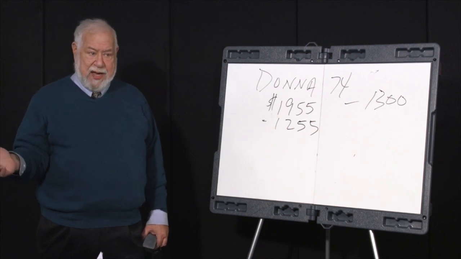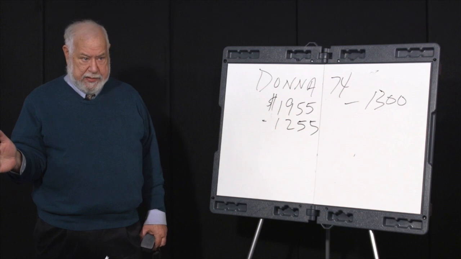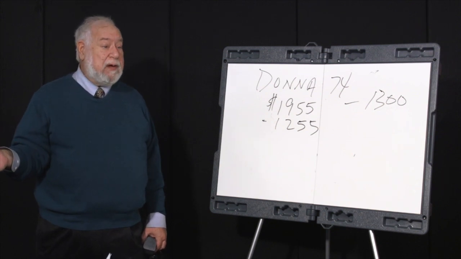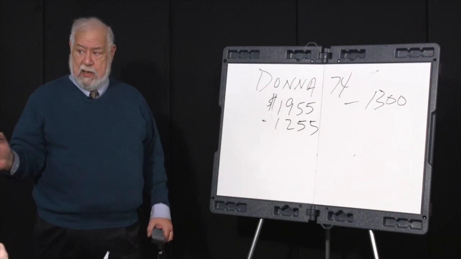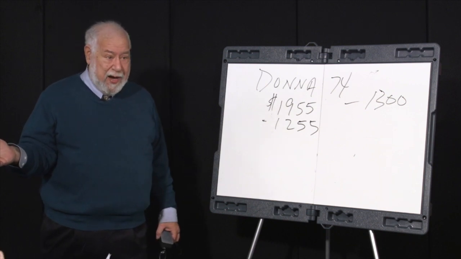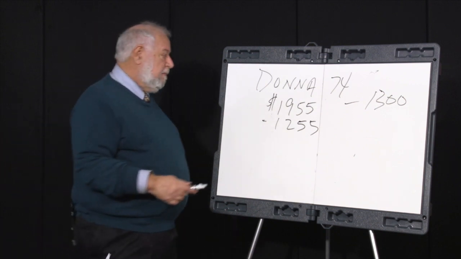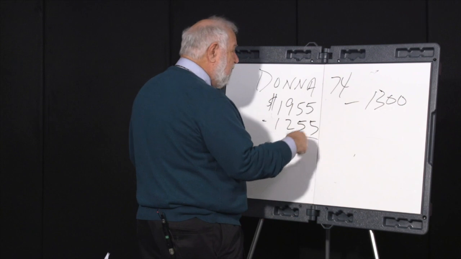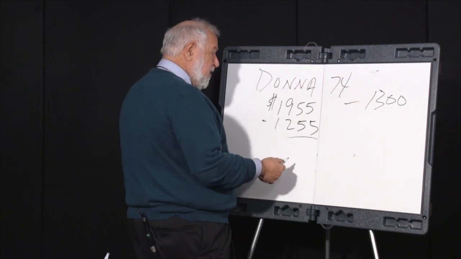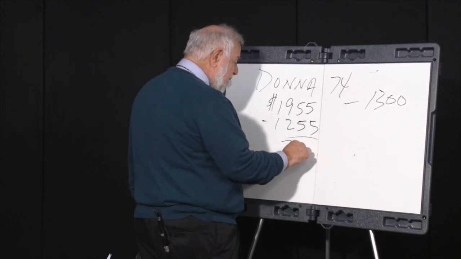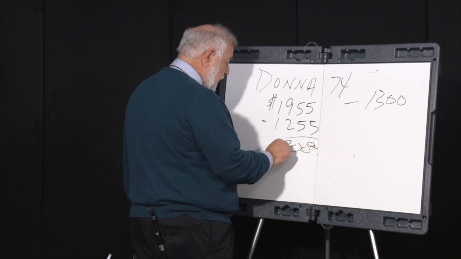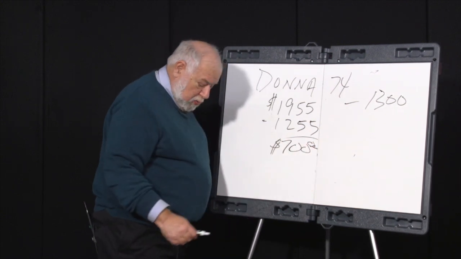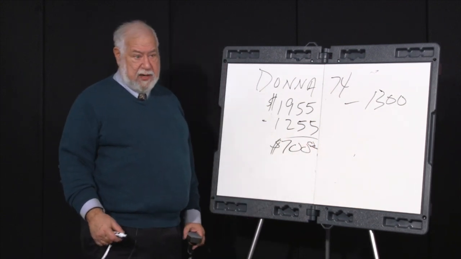$700 a month in 2016 is not going to do it. She's still got to pay her utilities out of that. The utilities alone are going to eat up a third of it. So this woman went from having $3,200 of income to $700 net income. What a fantastic gift to give to this widow.